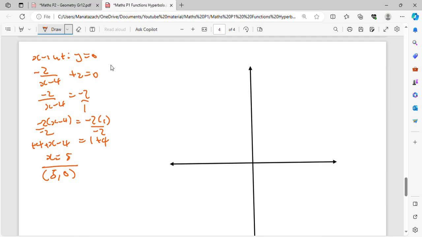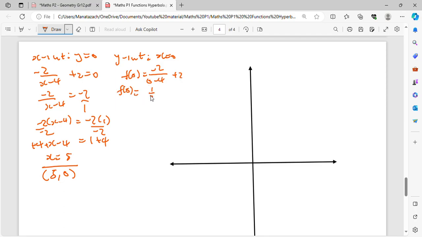Then for the y-intercept, we do the same thing and say x is 0. And then you solve for f of 0, it will be minus 2 over 0 minus 4, plus 2.